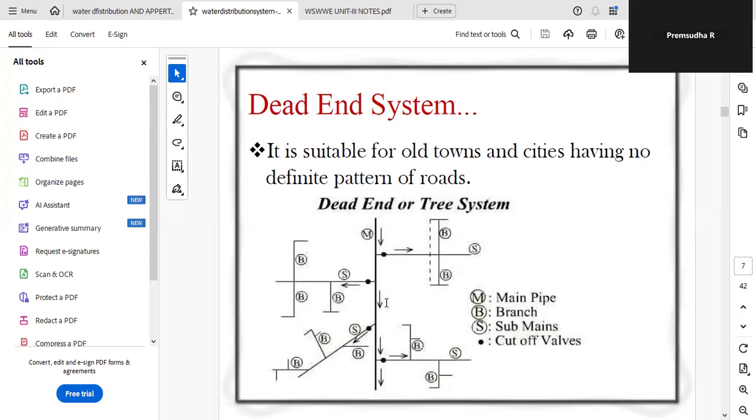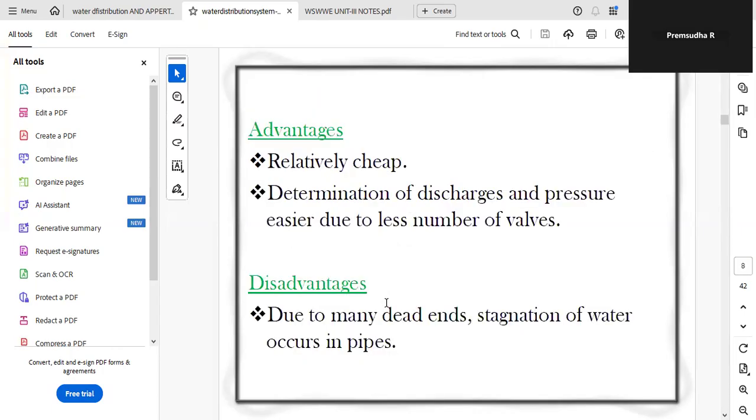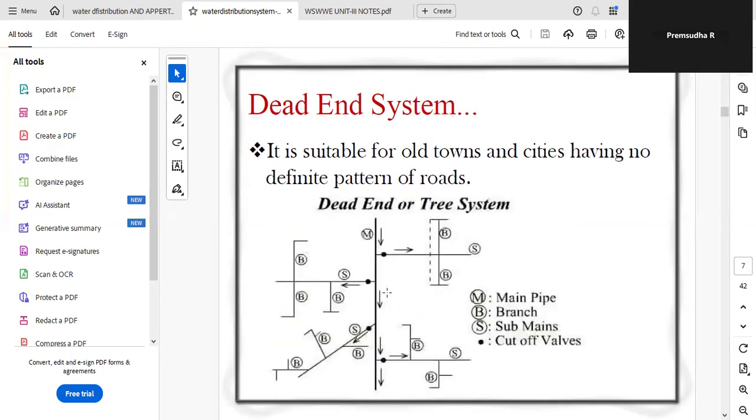Here you can see the cutoff walls are in less number. So 1, 2, 3, 4. In each direction there is a cutoff wall. From the main to the submain there is one cutoff wall. Here also in this direction one cutoff wall, but there are so many branch lines.